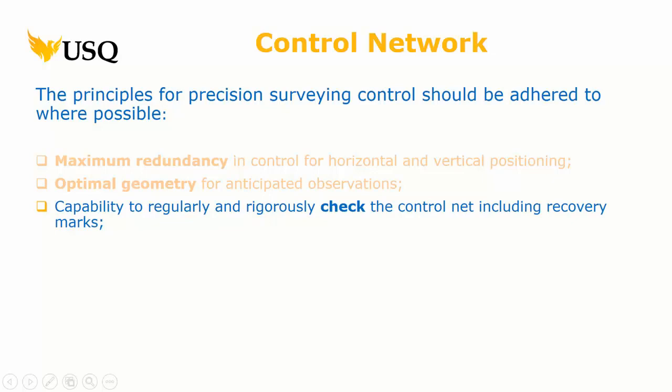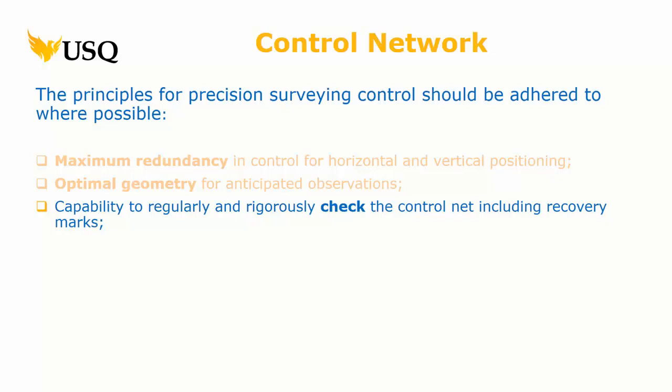You've got to have a capability of not only regularly checking, right, but rigorously checking. Now, as we said in deformation last week, some of those principles you take out of deformation, as we said in metrology, you took some principles out of metrology into deformation. Some of the principles of deformation you need to take into here.